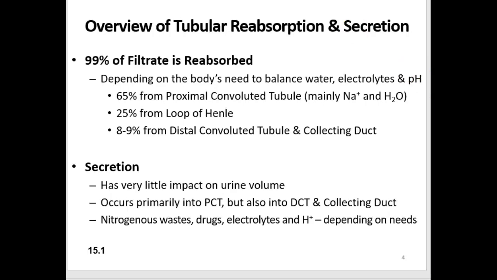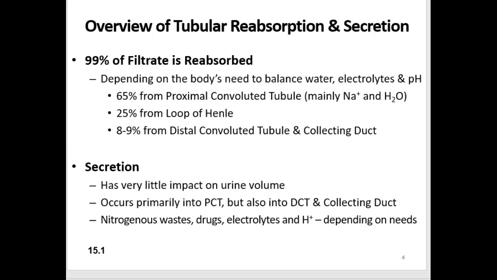First, a little bit more overview. 99% of filtrate is reabsorbed. What gets reabsorbed and how much gets reabsorbed depends on the body's need for water, certain electrolytes, and acid-base balance or pH balance. Almost all of this filtrate reabsorption occurs in the proximal convoluted tubule, 65%.